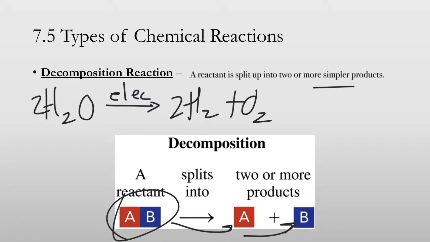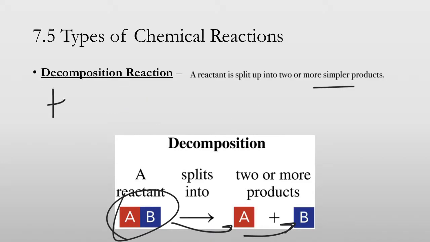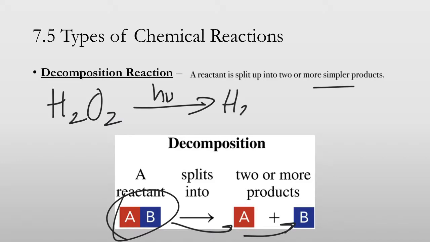As you can notice here, hydrogen and oxygen are both elements, whereas water is a compound, so they're both simpler than the starting material. I could also take hydrogen peroxide, H2O2, and react it with light. It's very reactive with light, which is why hydrogen peroxide is stored in a brown bottle to prevent light from getting in. But we get out of that water and oxygen gas.